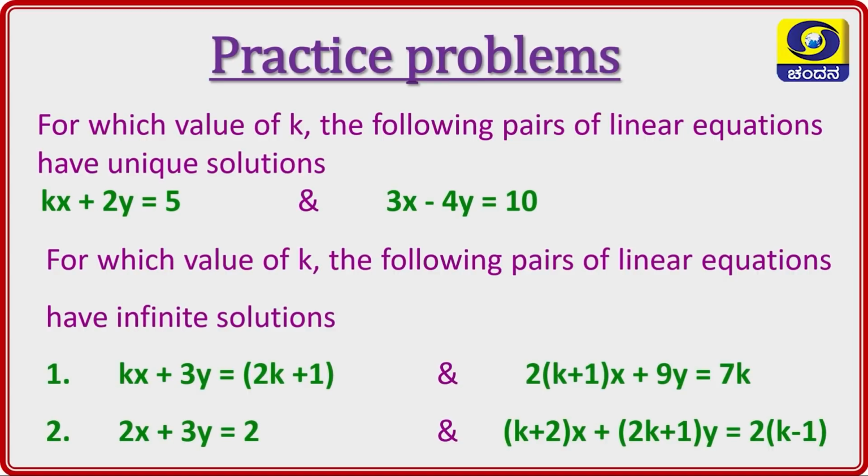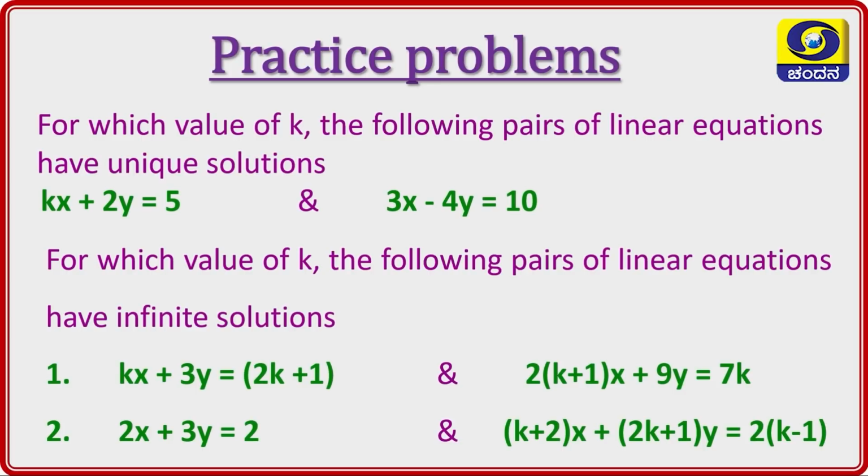For which value of k do the following pair of linear equations have infinite solutions? Infinite solutions. Children, remember this. Recall the condition, children. So first question, kx plus 3y is equal to 2k plus 1. Second equation, 2 into k plus 1 into x plus 9y is equal to 7k.